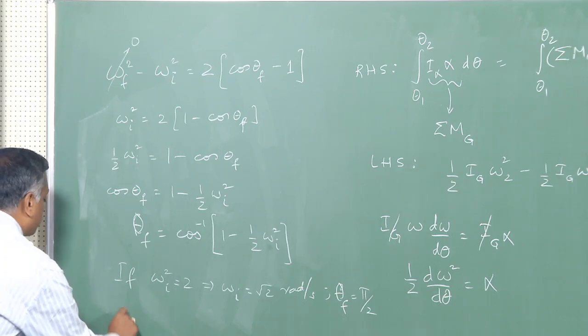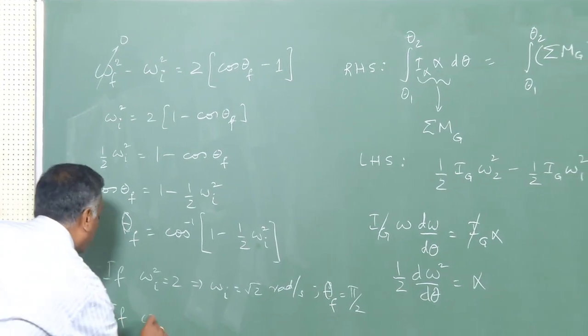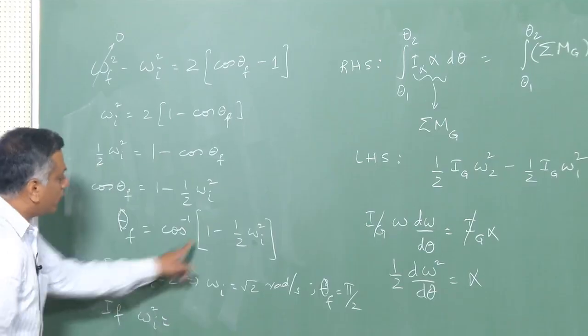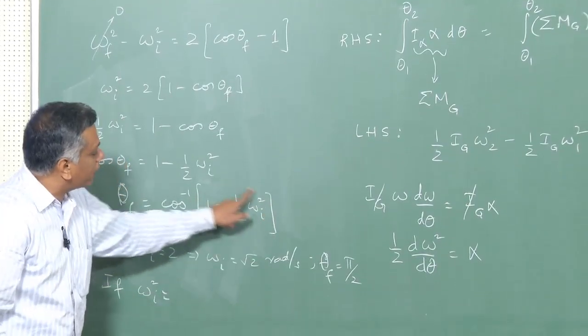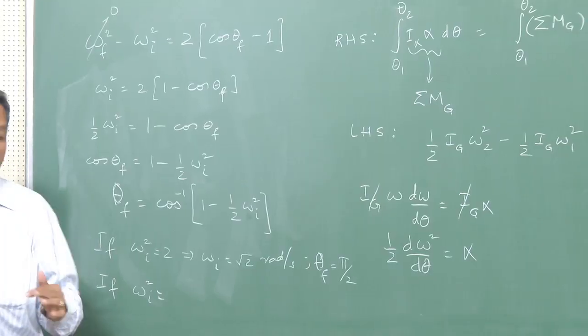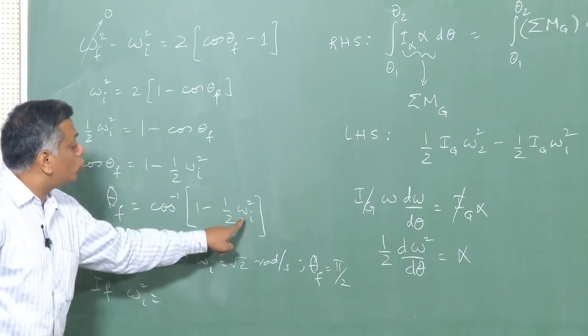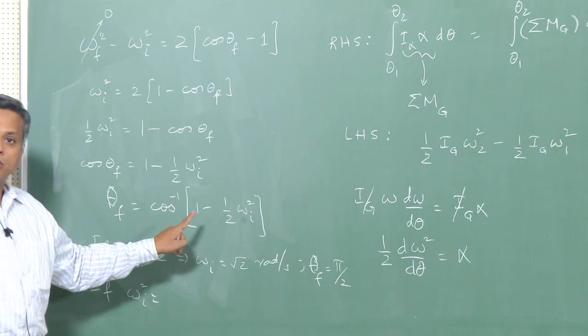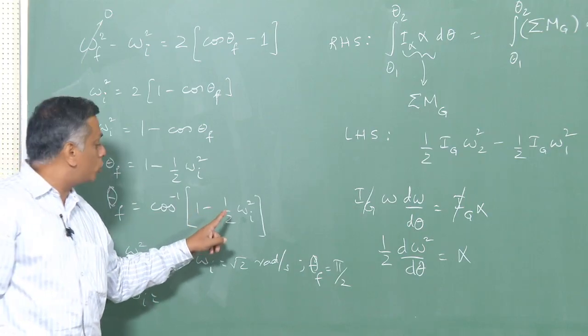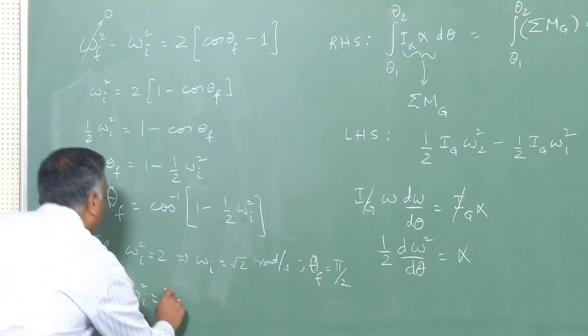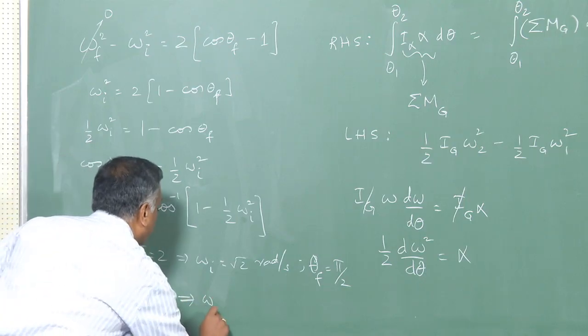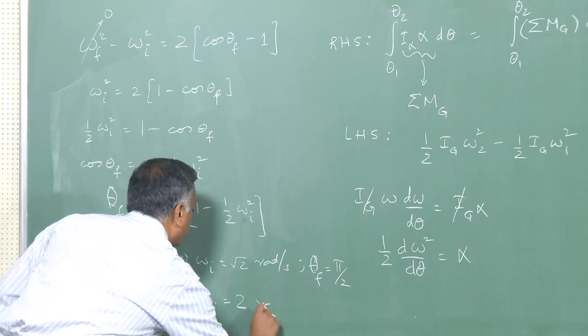Now, the next case is if omega I squared is such that what is inside this radical is actually minus 1, that is, this part is not 1 but 2. So if half omega I squared is 2, that means omega I squared is 4, which implies omega I is 2 radians per second.